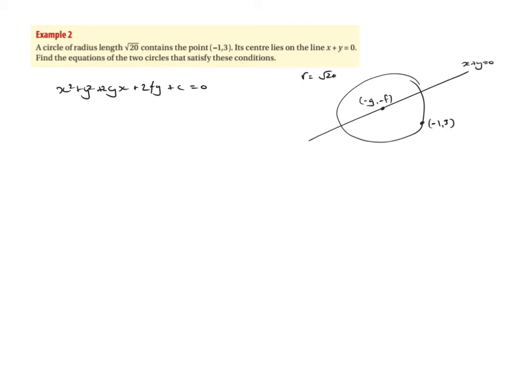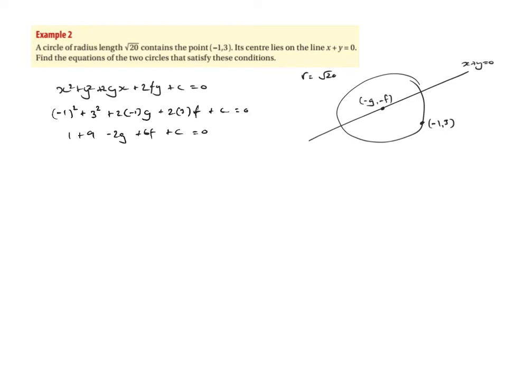So x is minus 1 all squared plus y, which is 3 squared, plus 2 by minus 1 by g, plus 2 by f, which is 3 by f there, plus c is equal to 0. Minus 1 squared is just 1 plus 9 minus 2g plus 6f plus c is equal to 0.